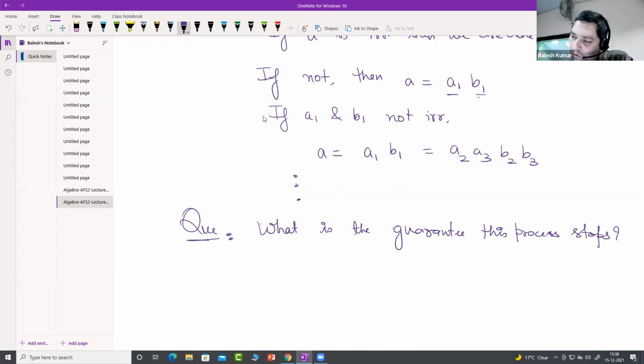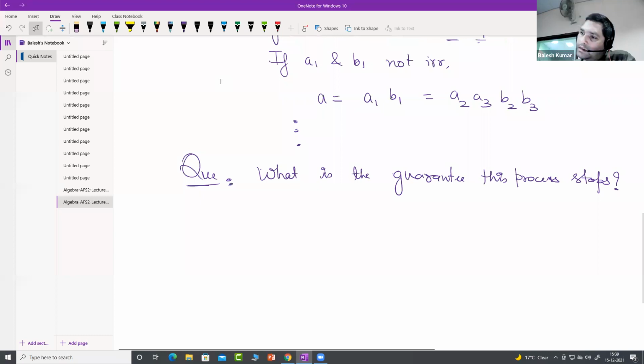So I would like to ask, can you give an example where this process doesn't stop, or does it always stop? What is your guess, or do you have any examples? If you have, please let me know, and then we will proceed further. So here we have a challenge: how do we know what the guarantee is that such a procedure will stop after finitely many steps?